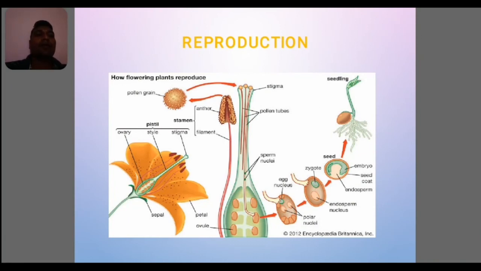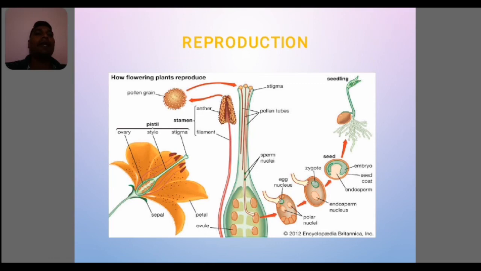Again, after double fertilization and triple fusion, the zygote will be formed and the endosperm nucleus will be there. Later on, the ovule, after fertilization, gets converted into the seed. Again, that seed, after sowing, converts into a new seedling.